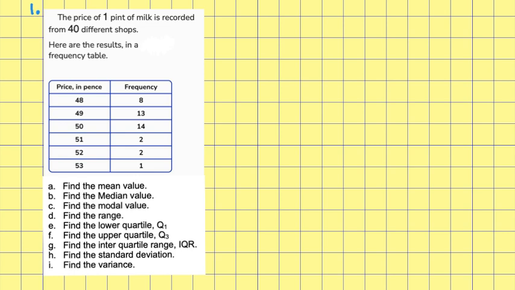If we add the frequencies up, they come to the 40 different shops. So to find the mean, we need to multiply the pence by the frequency in each of our rows.